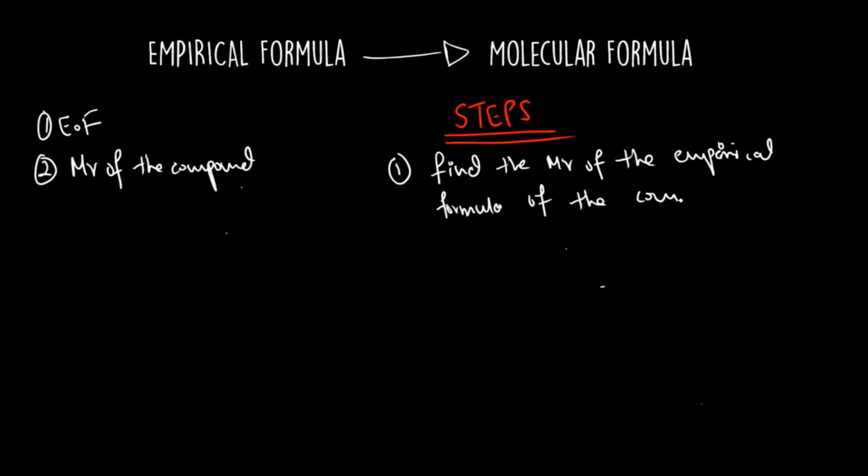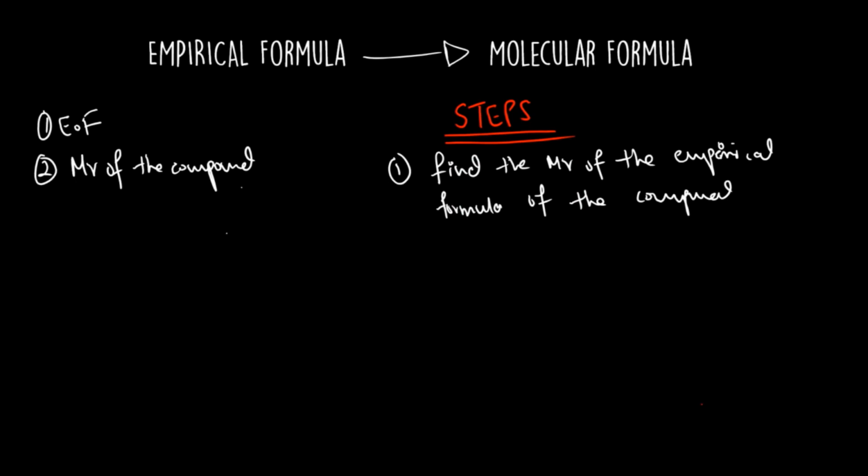So that should be your first step. Once you know the molecular mass of the compound, and once you know the empirical formula, you first find the molecular mass of the empirical formula of the compound.